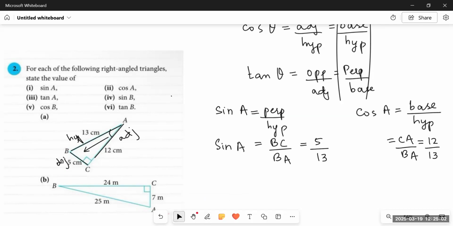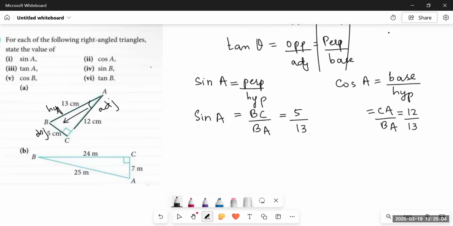And then comes the third formula, that is tan A, which would be perpendicular upon base. Okay, do not get confused.